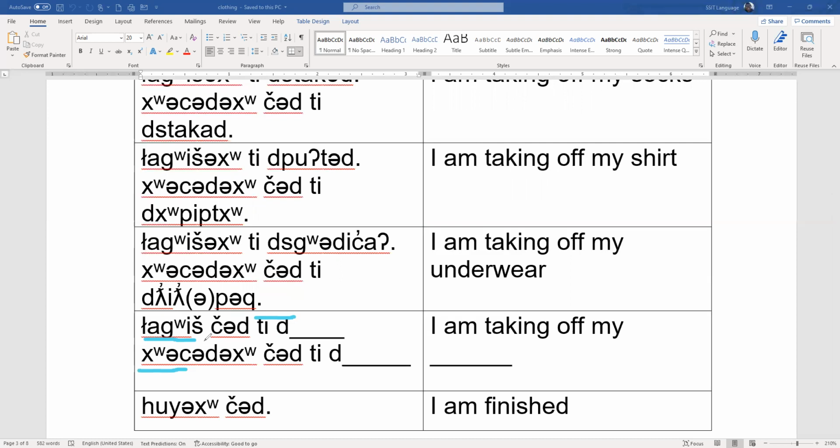What's a da chud? What's a da teed? Remember, this is the southern Lushootseed one at the bottom. The northern Lushootseed is the one on top.